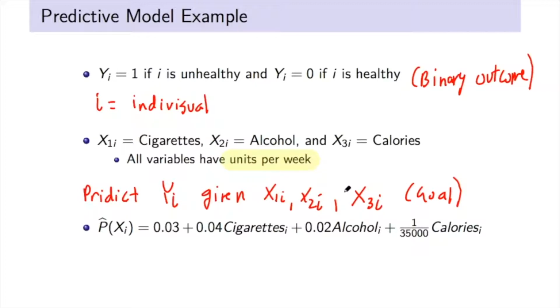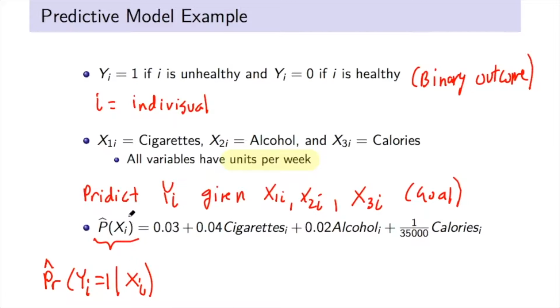Now, to accomplish this goal, suppose we have a predictive model. So essentially we have p hat of xi, and this is essentially the probability estimator, the probability that a person is unhealthy given its features, its characteristics, xi.